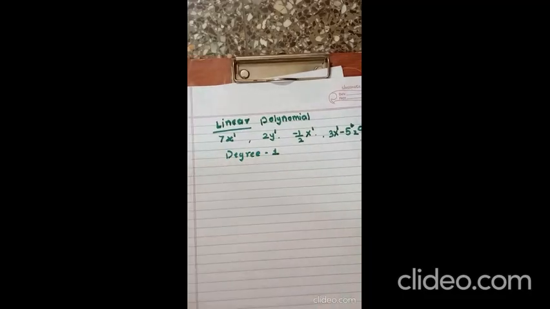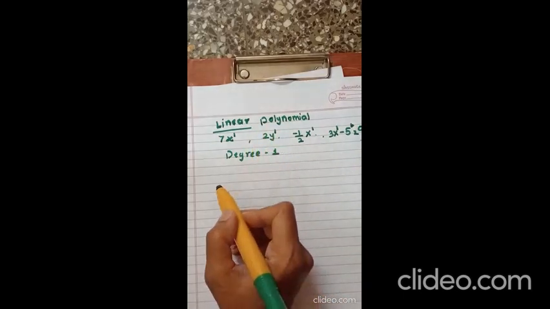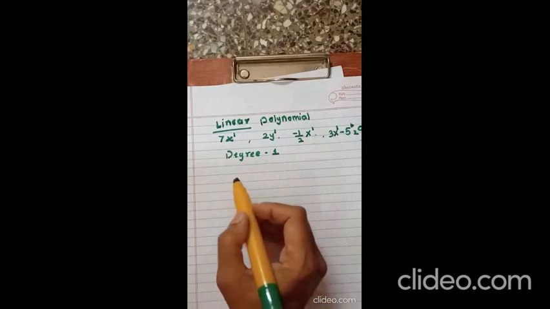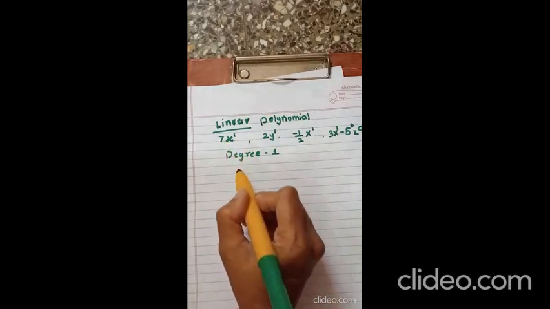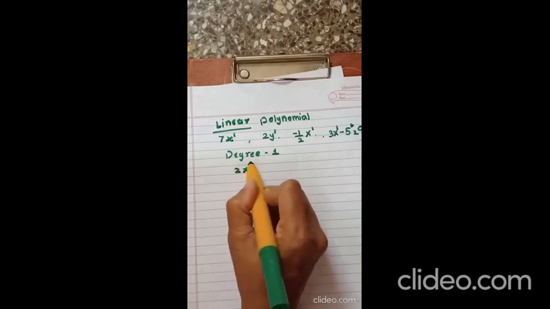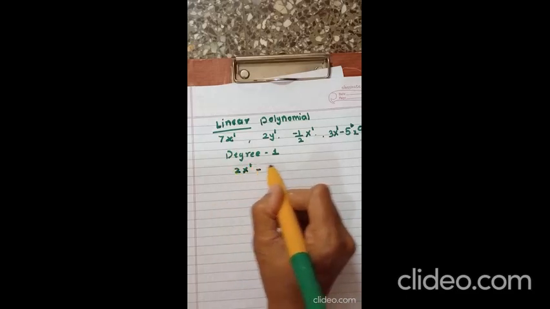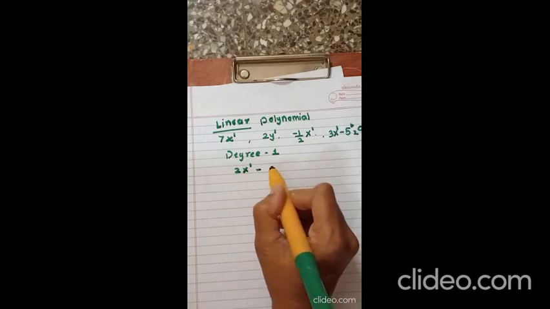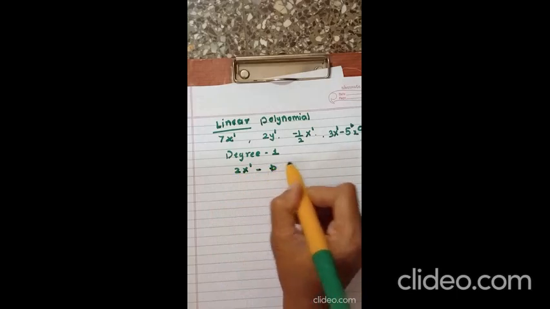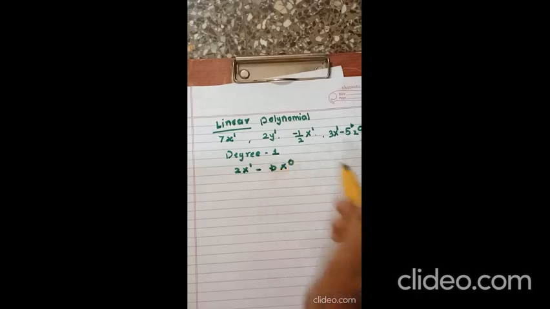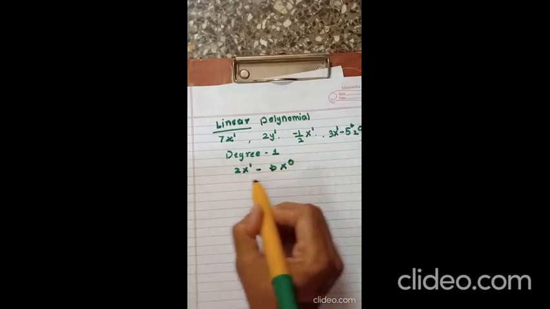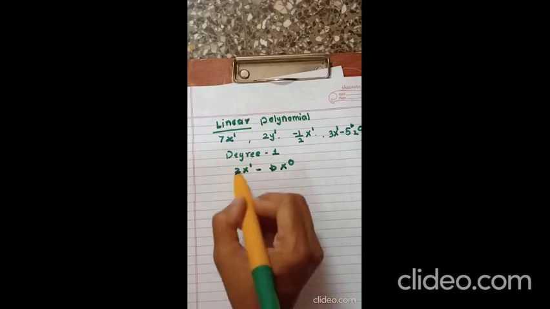How many terms does a linear polynomial have? It has 2 terms, because at the most it has 2 terms. We can get only x raised to 1, and another term as a constant, any constant b, and x raised to 0. So this will be your linear polynomial.